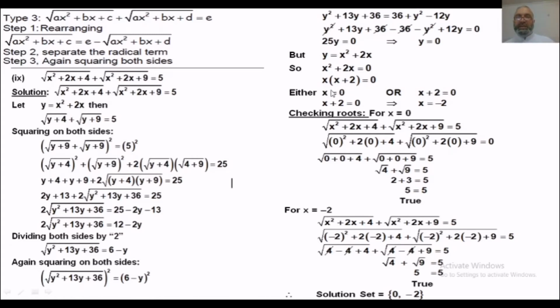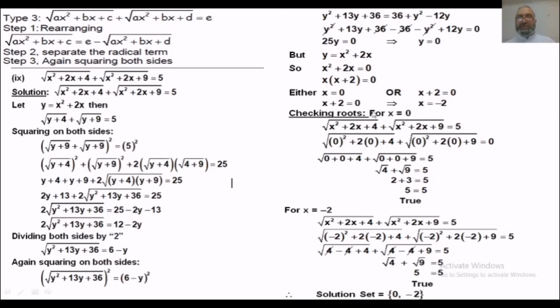That is, the product of two factors is equal to 0, meaning either x is equal to 0 or x plus 2 is equal to 0. So x is equal to 0 is one solution, and transferring plus 2 to the right side, x is equal to minus 2 is the other root. So we get two roots, x is equal to 0 and x is equal to minus 2.